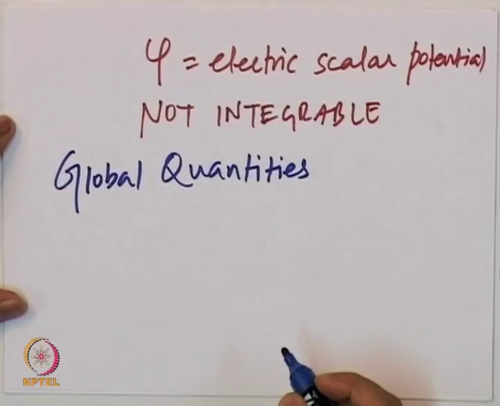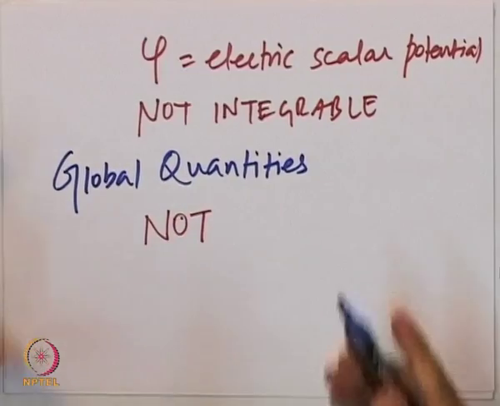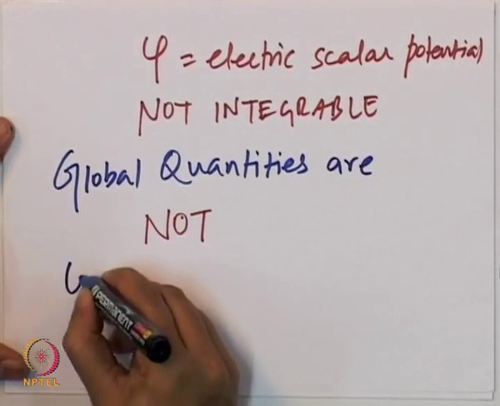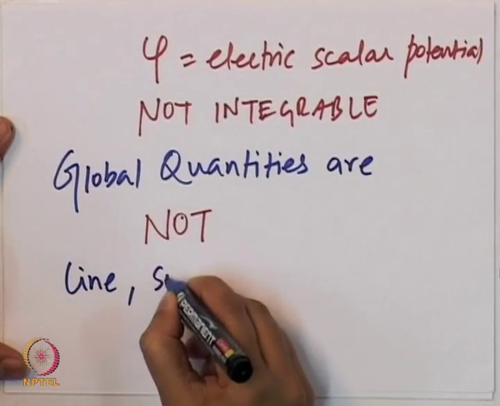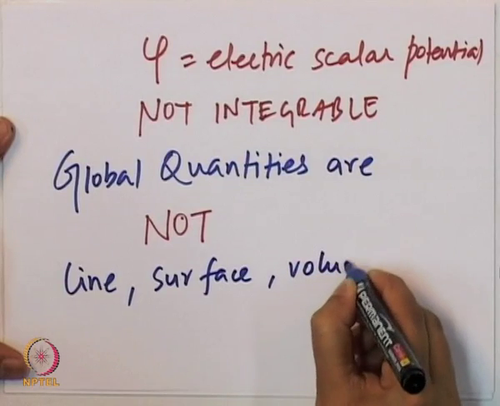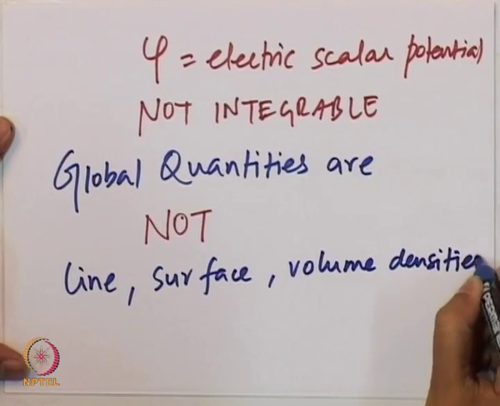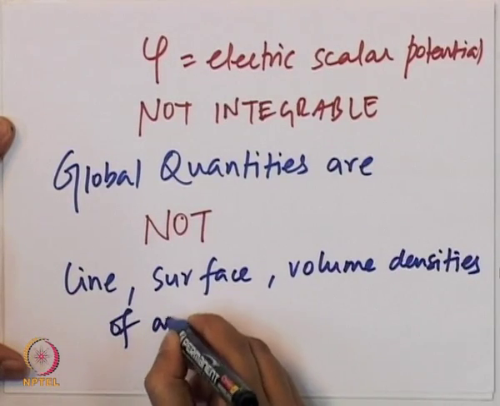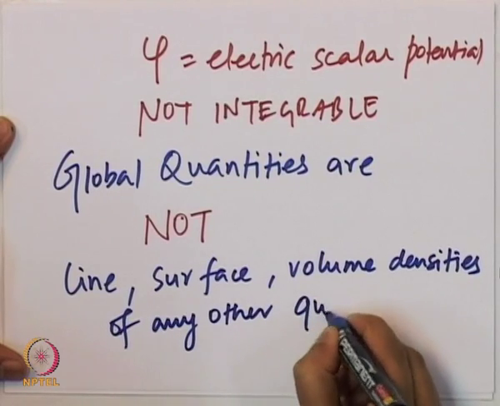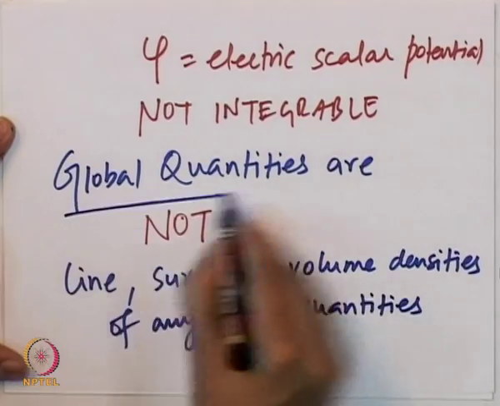So what are these global quantities? What they are not? They are not line or surface or volume densities of any other quantities. So this is the basic definition of what is a global quantity.